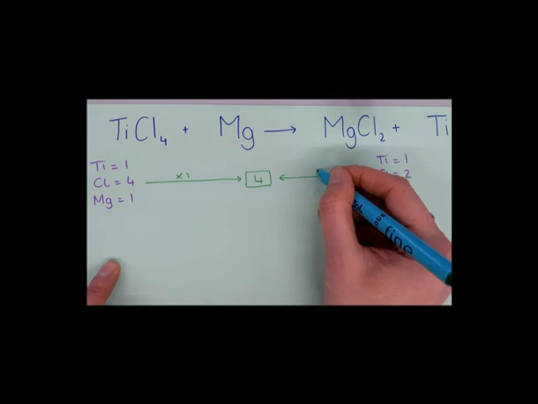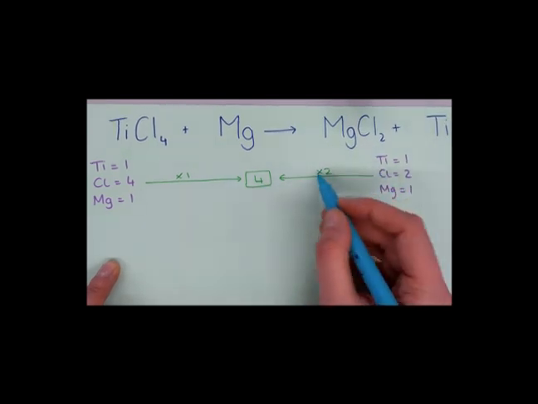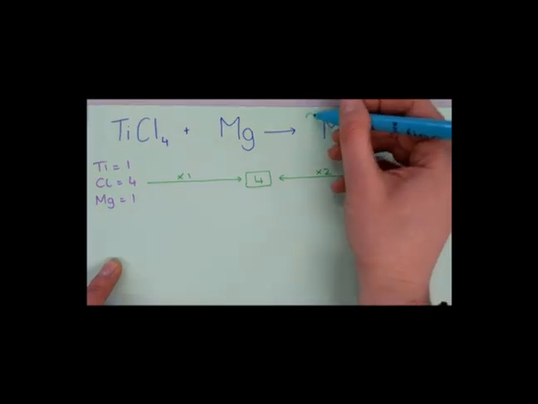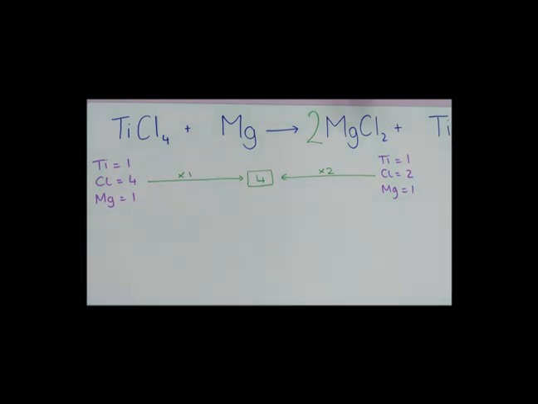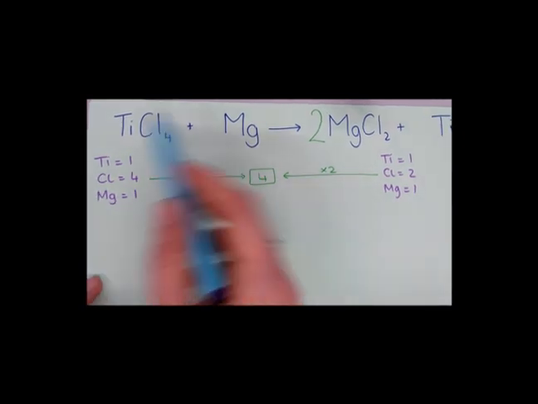On the right-hand side, I'm going to need to double it. 2 times 2 is 4. And so this 2, it's going to be a coefficient. It's going to go in front of my magnesium chloride. So then, remember, your step 5, we've got to repeat the process because although we've balanced the chlorine, we've now thrown everything else out.